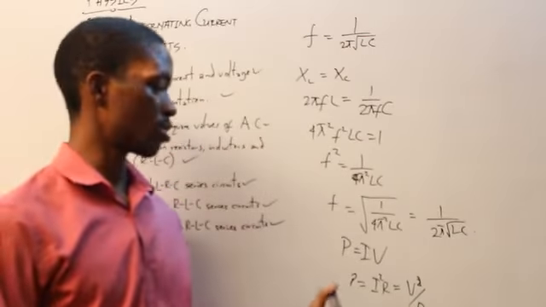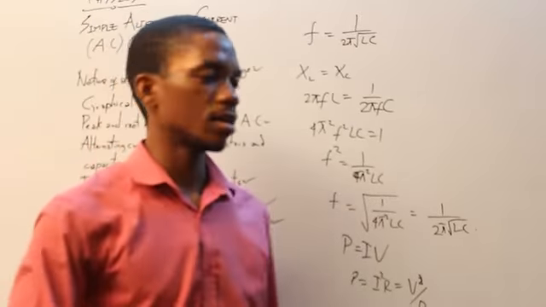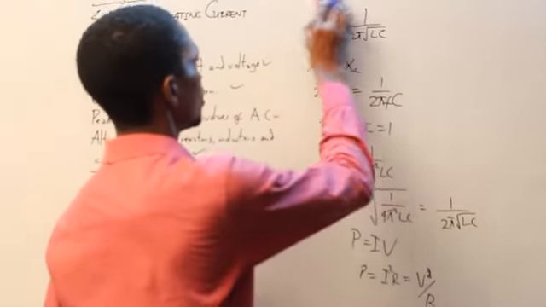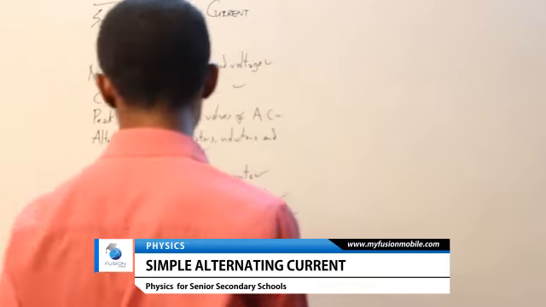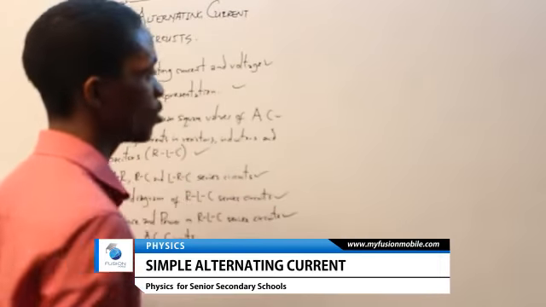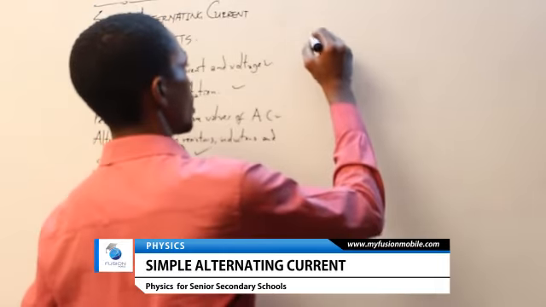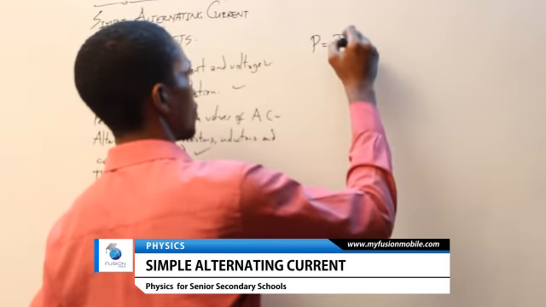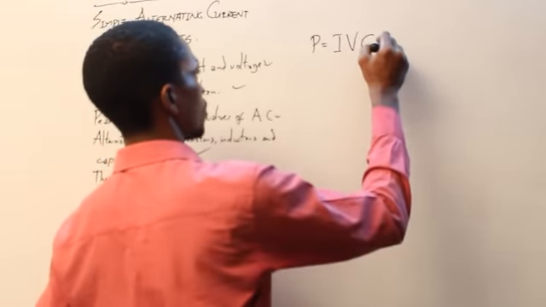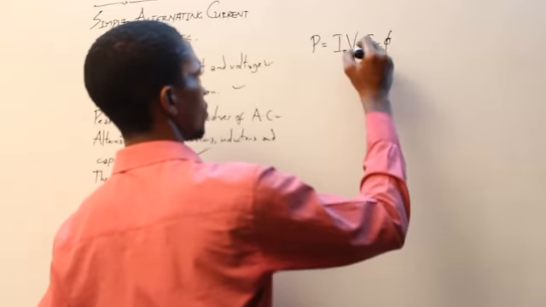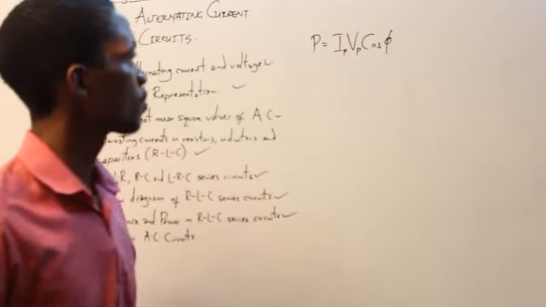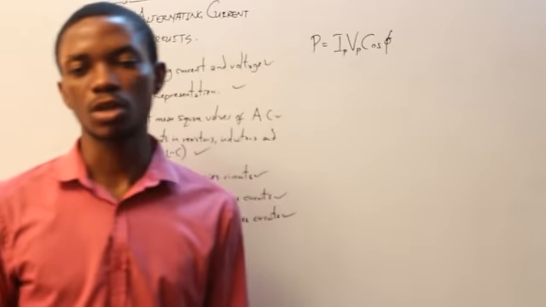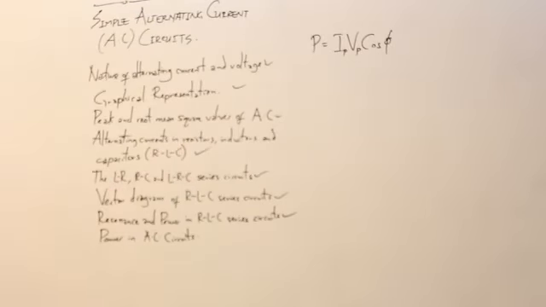That's naturally at resonance. But since we are talking about LCR circuits, we are not expecting to always have resonance. So how do we calculate the power? Power is simply calculated as I V cos phi, and we talk about the peaks.